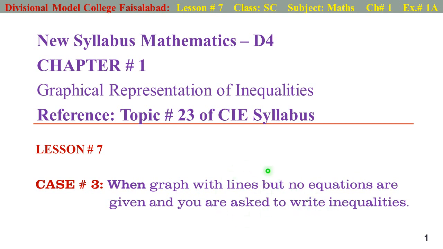For this case we have to refresh our concept of coordinate geometry, chapter 6 D3, exercise 6C, in which 2 points were given and you were asked to find the equation of the line passing through those 2 points, or we will use the concept of rise and run from the graph to find the gradient.